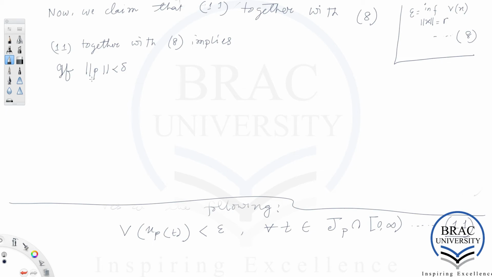Remember, where did we get this delta from? This delta was obtained from the continuity of V at 0.